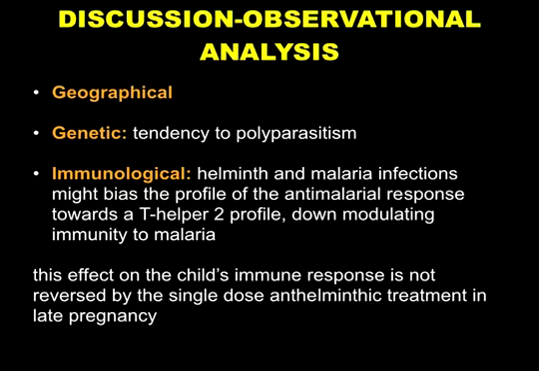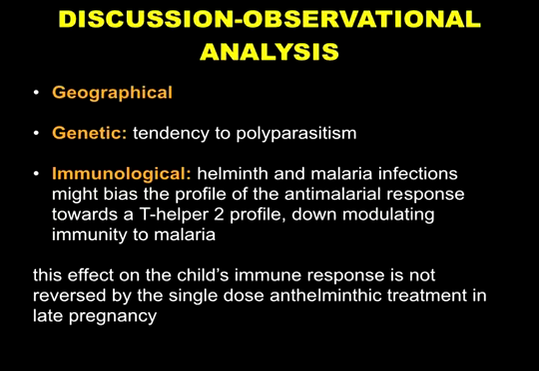So it takes us back to the immunological hypothesis that the study had started with. Is it possible that helminth and malaria infections may bias the profile of the antimalarial response, down-modulating the child's immune response to malaria, such that we see more clinical malaria, more asymptomatic malaria in early childhood?